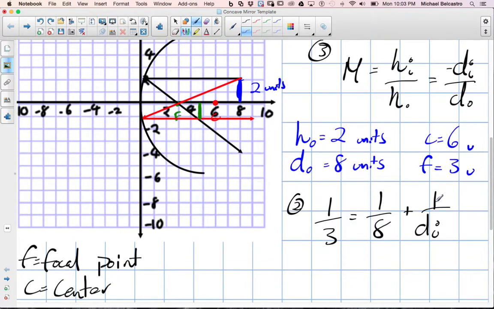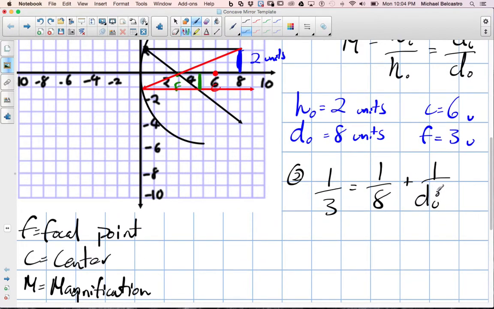Okay, so in order to find the distance of the image, we have to isolate for the distance of the image. So we have two fractions. We'll move one fraction to the other side. 1 over 3 subtract 1 over 8 is equal to 1 over the distance of the image.